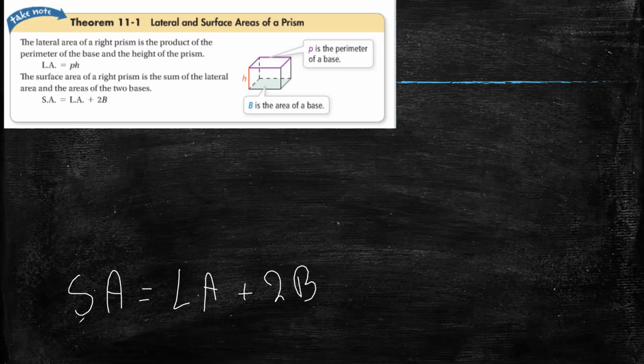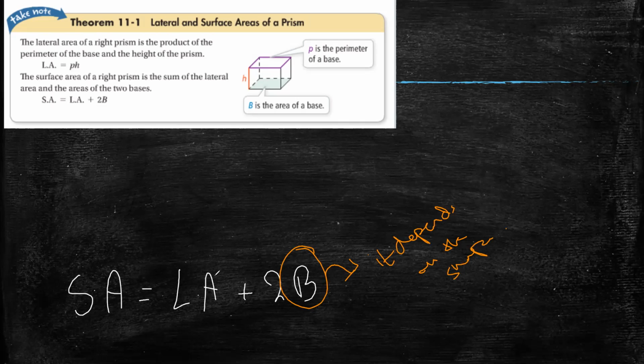It is the lateral area plus the 2 bases. For the 2 bases, I need to look at the base. If the base is a square, I need to find the area of the square. So finding the area of the base depends on the shape.